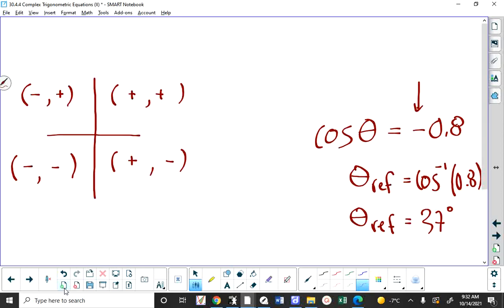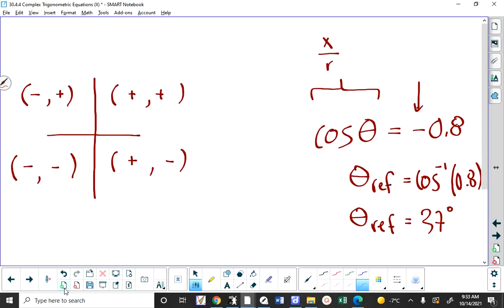Because if cosine is positive, there's two different places that can happen, but if cosine is negative, there's two other different places. Now what you have to do, everybody, is go to your definitions in terms of x, y, and r. And cosine of theta is always x over r, always.